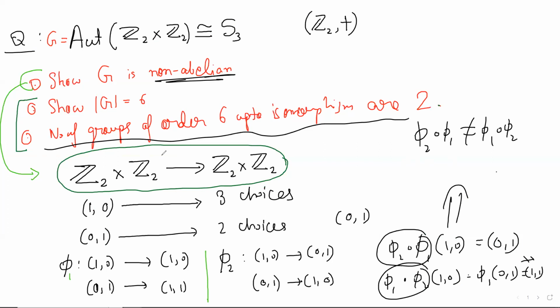So maybe that is somewhat interesting. For example, you have Z2 cross Z2. Maybe just take a few more Z2s so that it's more interesting. 4 Z2s, okay?